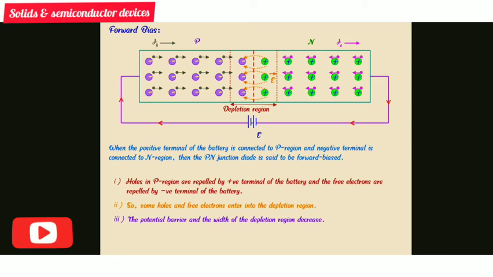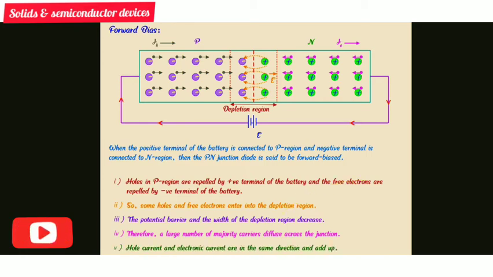Third, the potential barrier and the width of the depletion region decrease. Therefore, a large number of majority carriers diffuse across the junction. Hole current and electron current are in the same direction and add up.